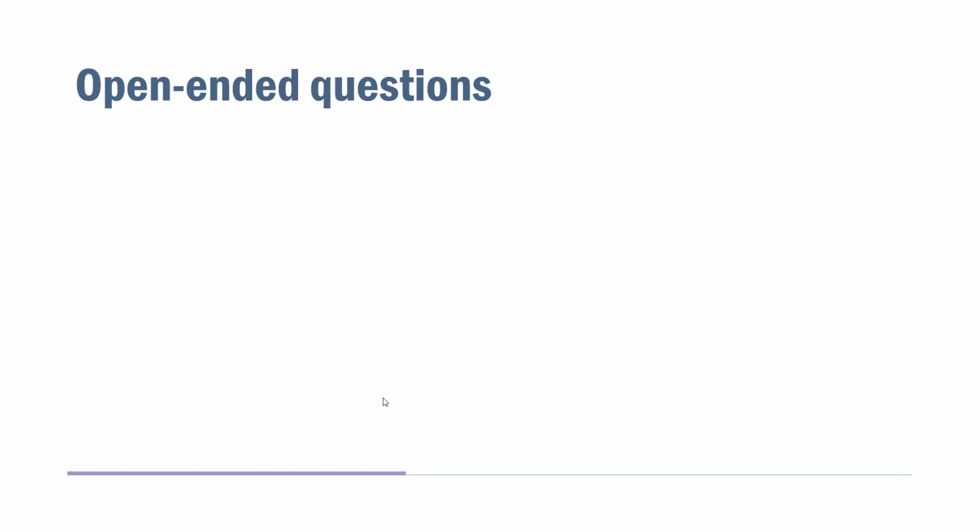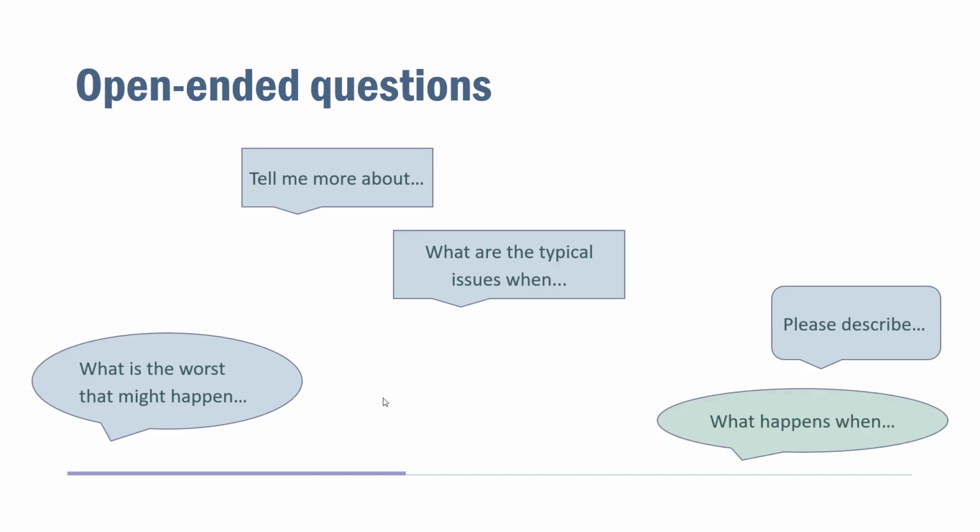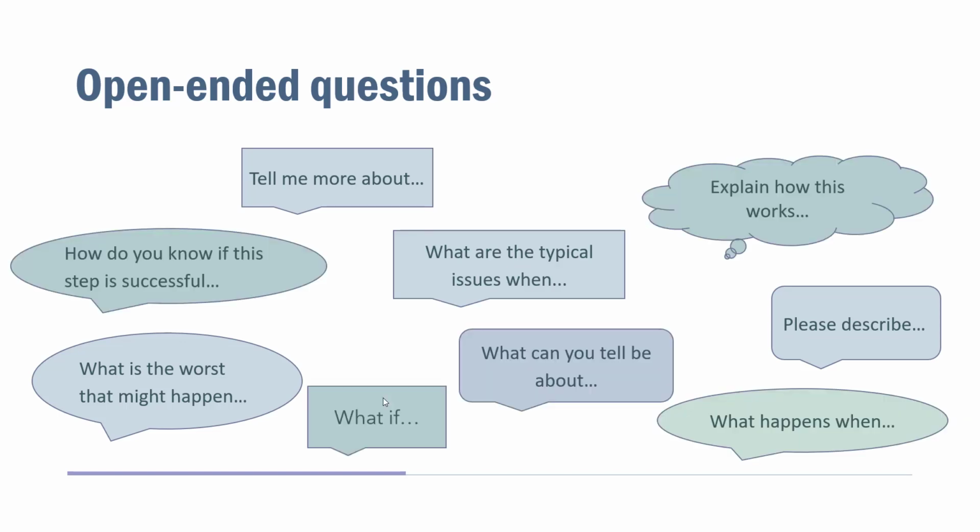Because at the very beginning, we may know very little, right? We are just searching in the dark. We're fishing for information. We don't know what to ask about. Open-ended questions will help us gather that information faster, and you give the freedom to someone else to tell you that story. So here are some of the ways you can start your open-ended questions. Tell me more about. Please describe. What if?